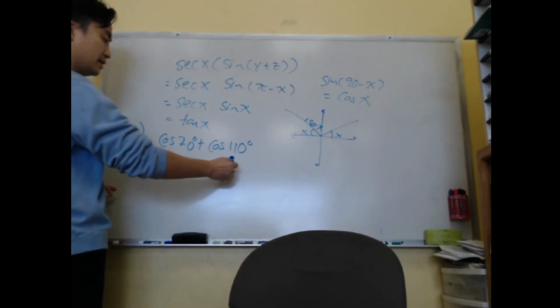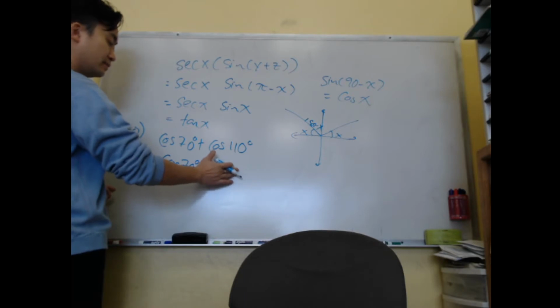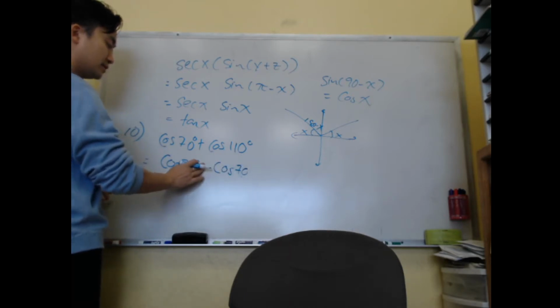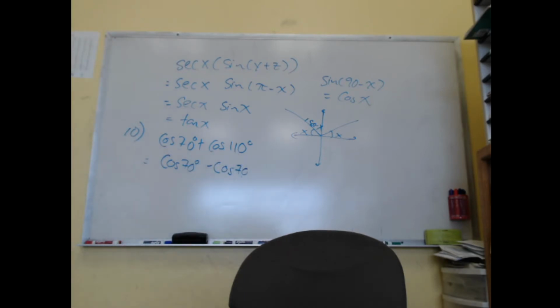But the thing is that it's minus. It's in the second quadrant, right? So what's the answer? What's cosine of 70 minus cosine of 70? Such a tricky one, right?